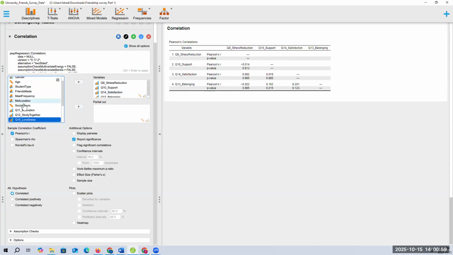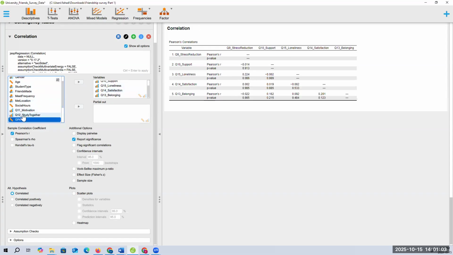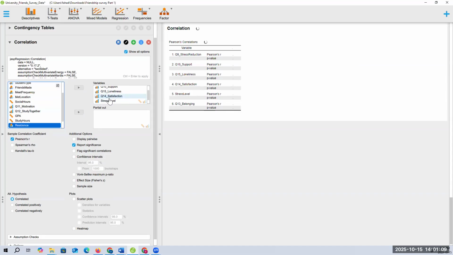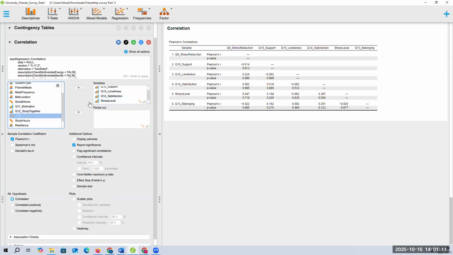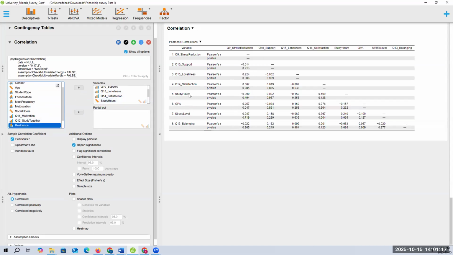Then we can have loneliness, and stress level, and then GPA and study hours. These are numeric. So I guess we can have ordinal and numeric together in a correlation.